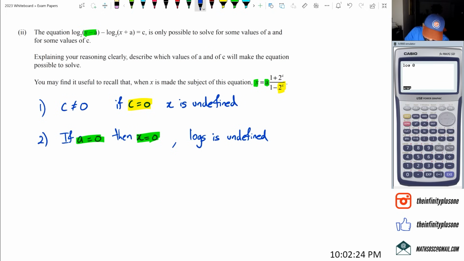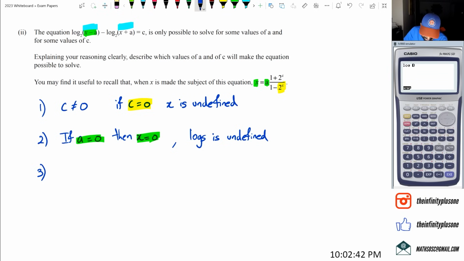And the last situation is this. Both of these things here, x minus a and x plus a, cannot be a negative number, nor can it be 0, because the moment it's equal to 0, the whole equation doesn't actually work.